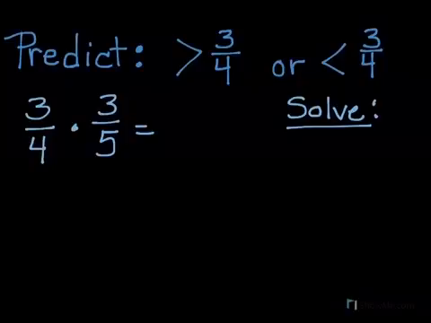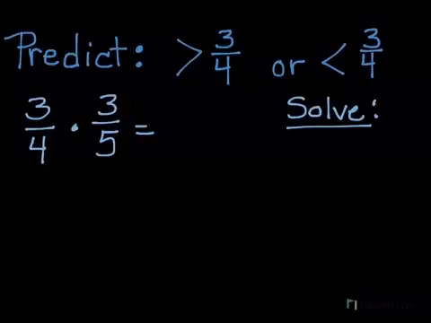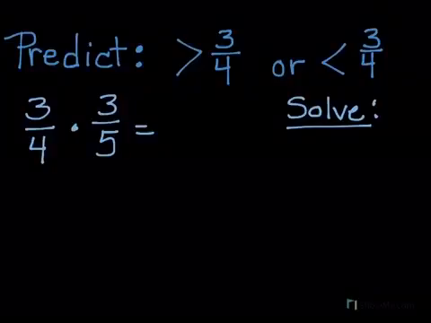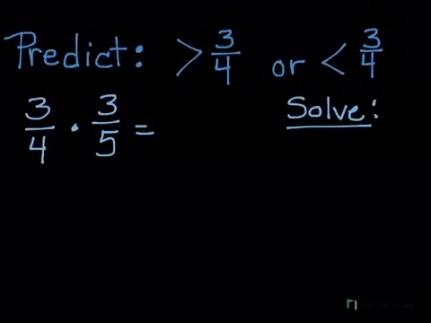Let's look at an example with multiplication. So when we multiply whole numbers, we get a bigger answer. For example, 3 times 3 gives me 9. But when we multiply fractions, we don't see the same thing happen. We see the opposite. So they actually get smaller.